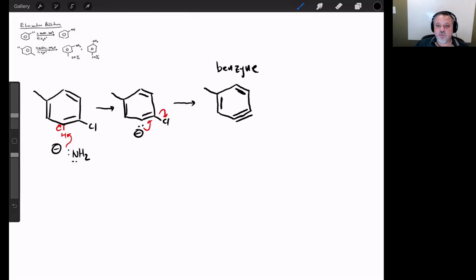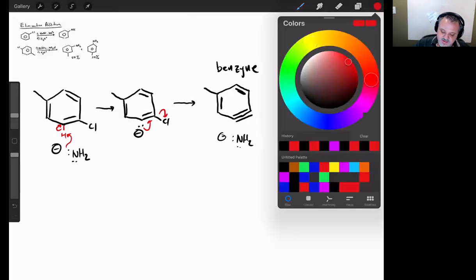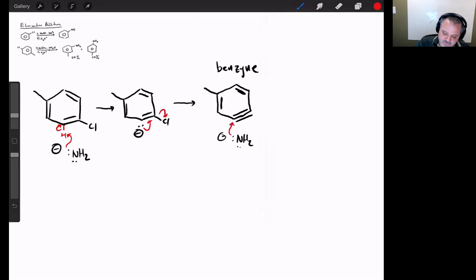Now, once I have the benzyne, I can have the amide come along, and it can attack in two different locations. It can attack there, or it can attack there. And I think you'll see that either of those two locations will lead to the different meta and para substituted product.